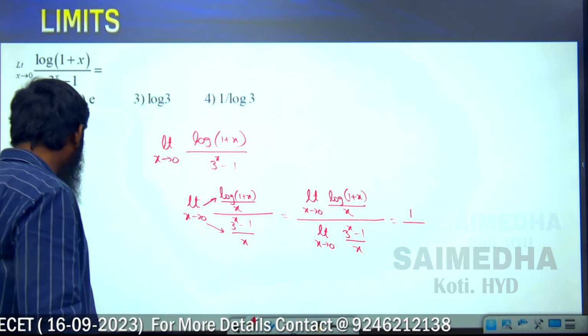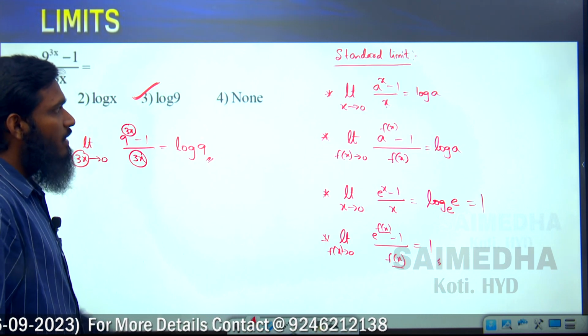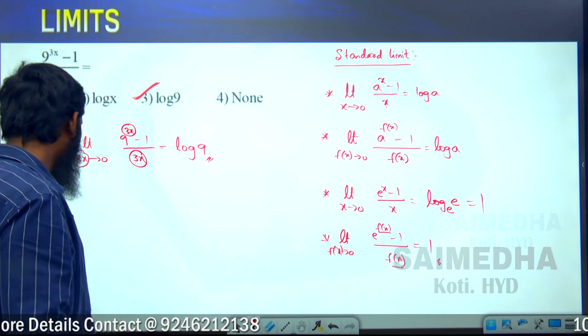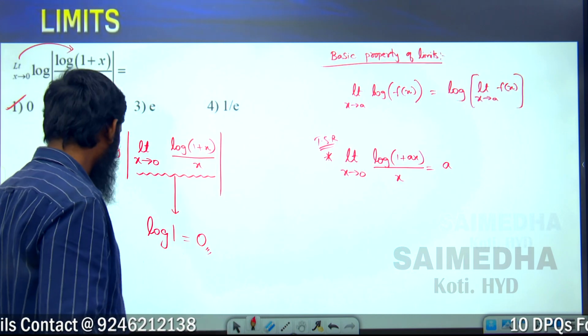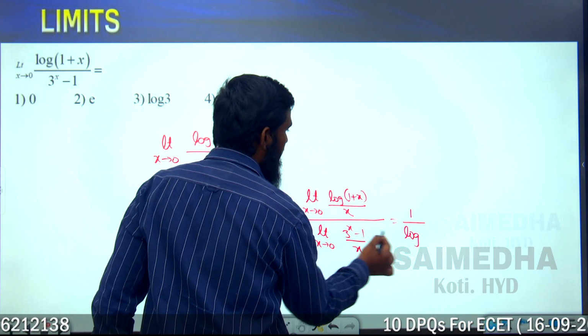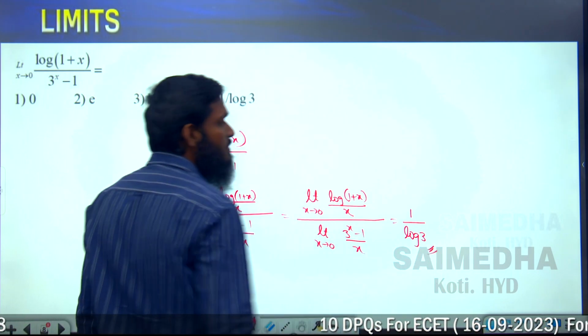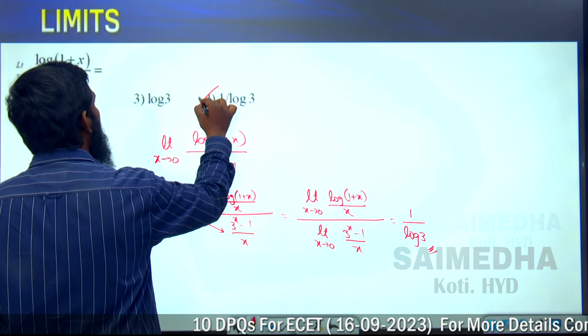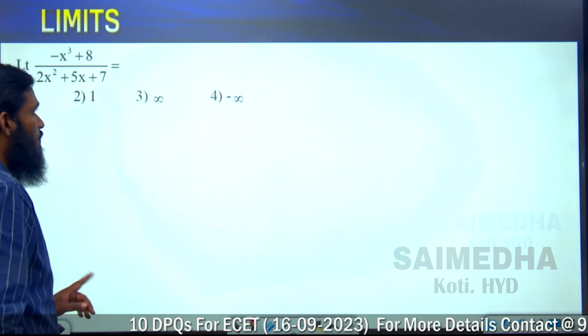Also a power x minus 1 by x is equal to log a. So in this part we write log a, where a is 3. So the answer we are getting is 1 by log 3. 1 by log 3 means the fourth option is correct.